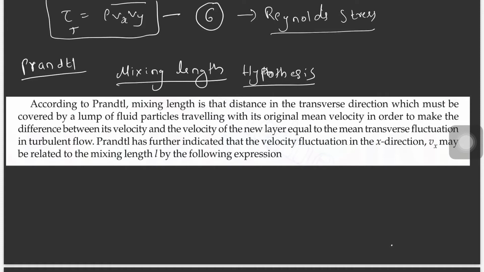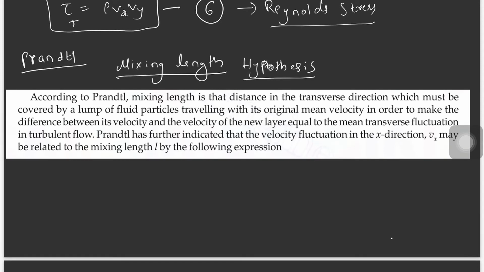According to Prandtl, I'll read the definition. Mixing length is that distance in the transverse direction which must be covered by a lump of fluid particles traveling with its original mean velocity in order to make the difference between its velocity and the velocity of the new layer equal to the mean transverse fluctuation in turbulent flow. Don't fret about this fancy definition.